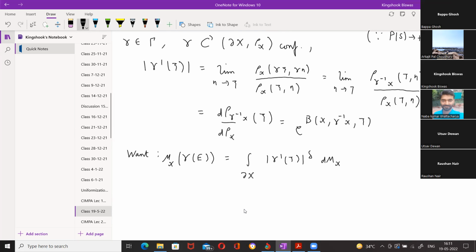So this thing I can write as what? This is equal to the push forward by gamma inverse, gamma inverse push forward mu of E.